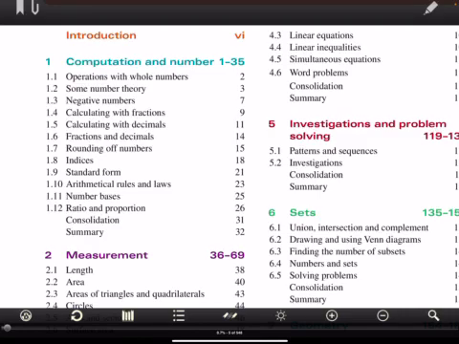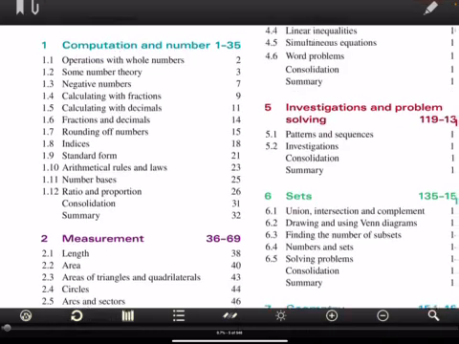Chapter 1 completely. There's no going around it. If you still don't know decimals, if you still don't know fractions, if you still don't know how to count 1 plus 1 and 1 minus 1, chapter 1 is the basics.